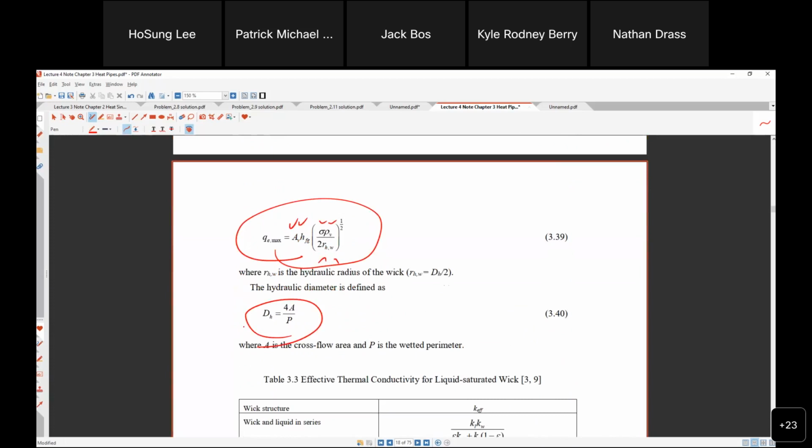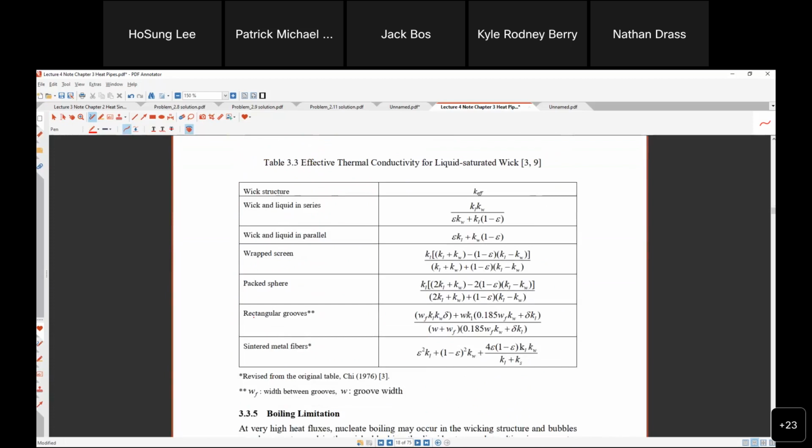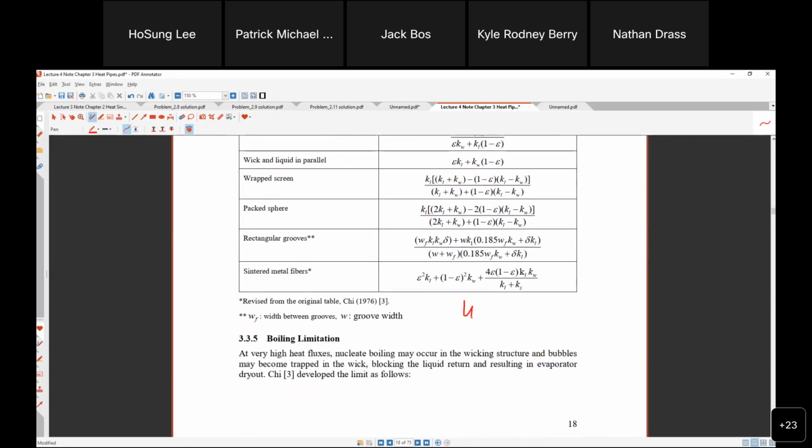Maybe hydraulic diameter if it is not circular. And effective thermal conductivity of the wick. If you look at the wick, this is a wick. The wick consists of wire and liquid, so two materials, but we need the thermal conductivity across the wick.